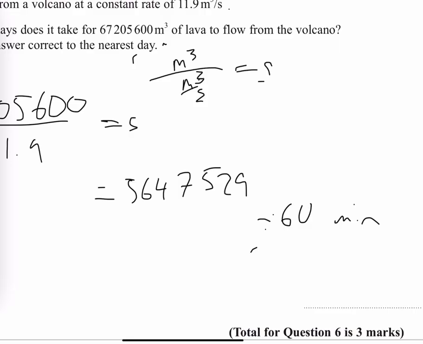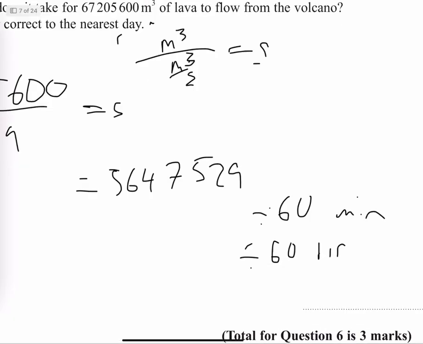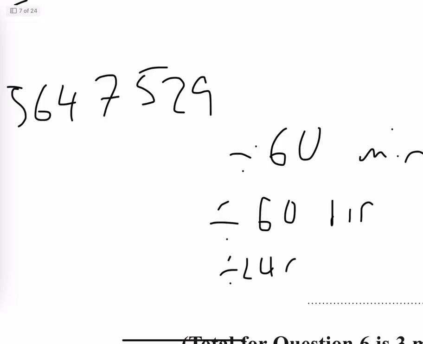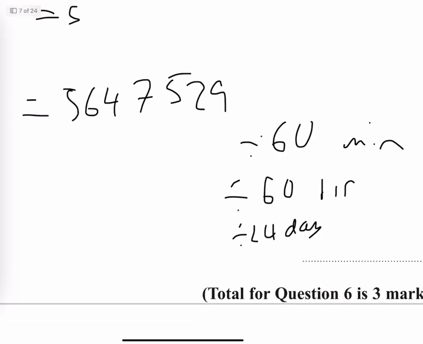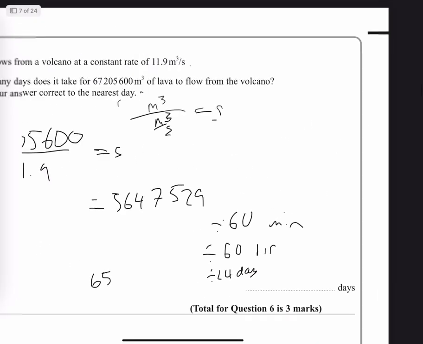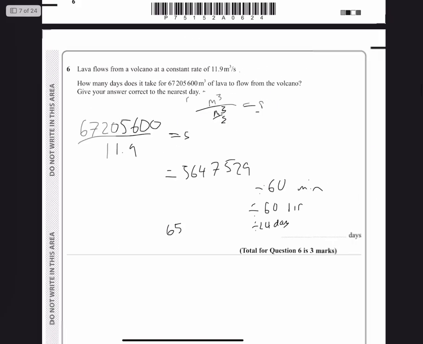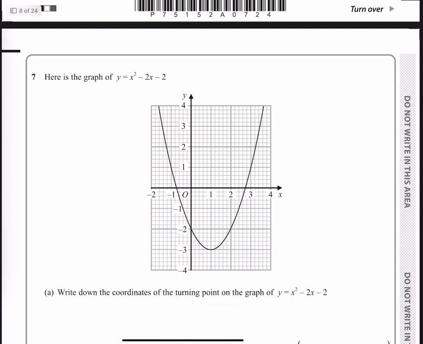Divide it by 60 again to get it in hours. And then we divide it by 24 to get days. Which gives me 65, the nearest day is just 65 because it's 65.3. Okay.